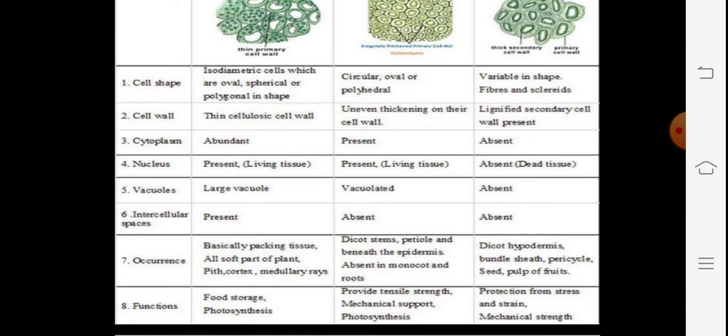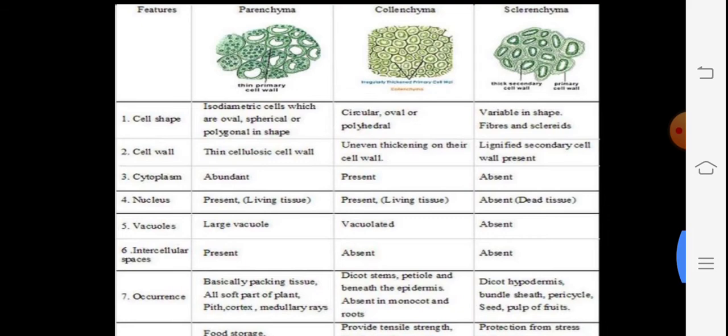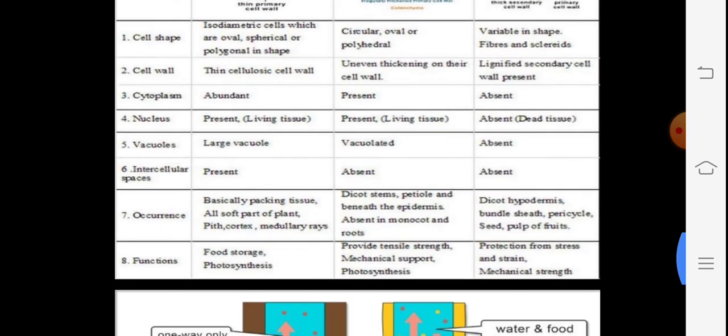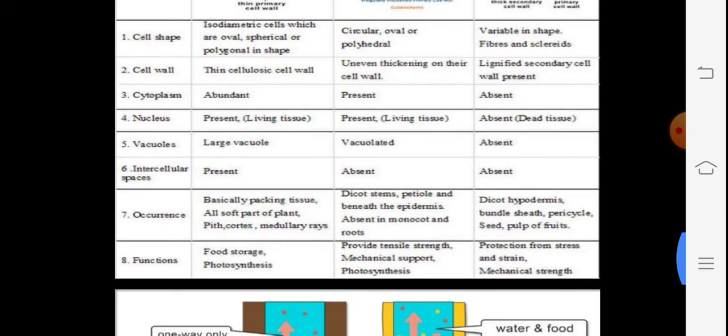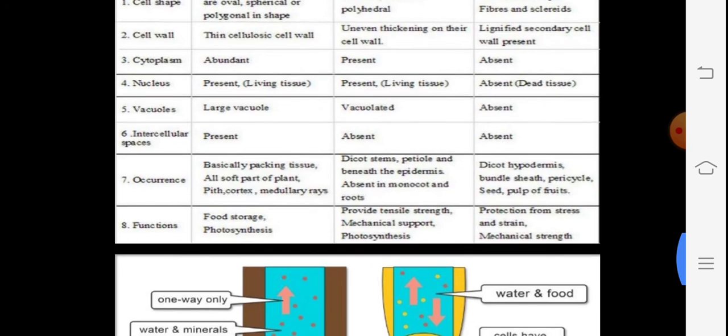Cytoplasm in the first and last, parenchyma and sclerenchyma, is absent, only present in collenchyma. Nucleus is generally present in the first two and absent in sclerenchyma.